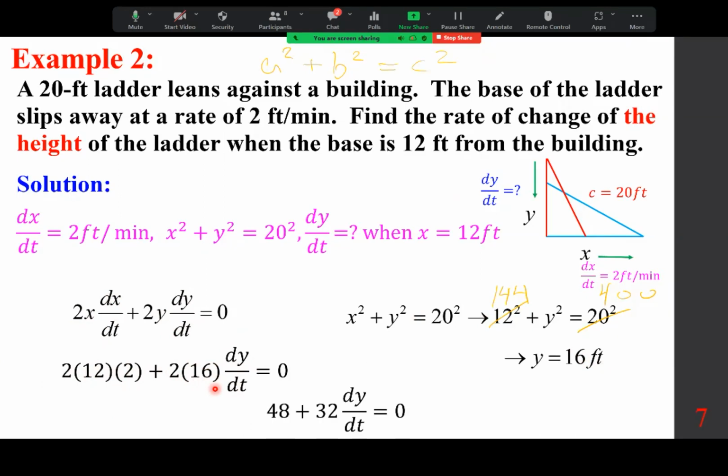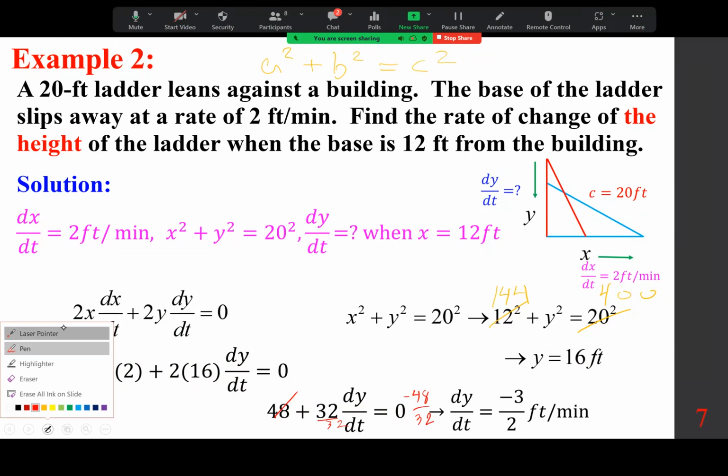We are going to move the 48 to the right, becomes negative 48. And we are going to divide by 32. And when we do that, it becomes negative 3/2 feet per minute.